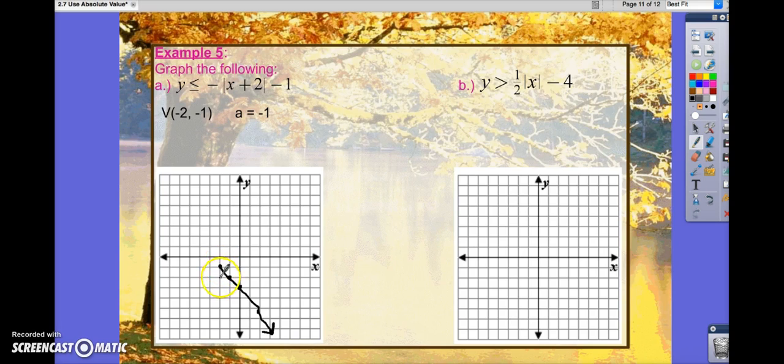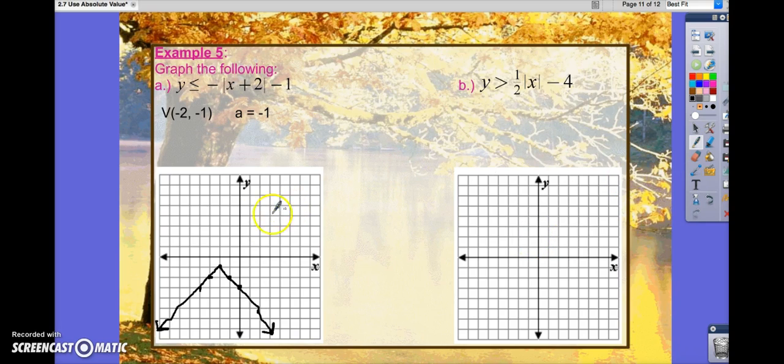Then I go back to the original point, down one, left one, do the mirror image, down one, left one, and connect them. I'm sorry that it's crooked; I'm not very good with my mouse here. I would like to extend them as far down the whole coordinate grid as possible.